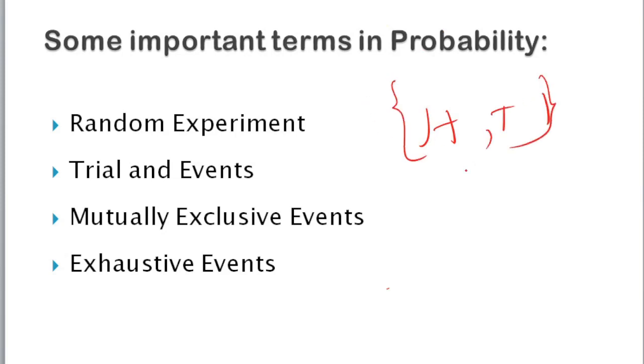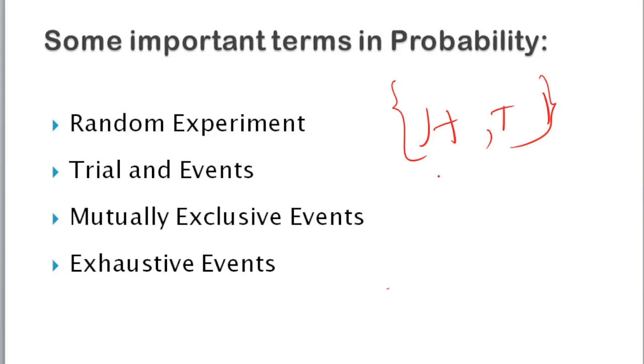These are the possibilities. Exactly we don't know whether there will be a head or tail in our first try. That is, the exact prediction in any tossing is impossible. So these types of experiments are generally known as random experiments.